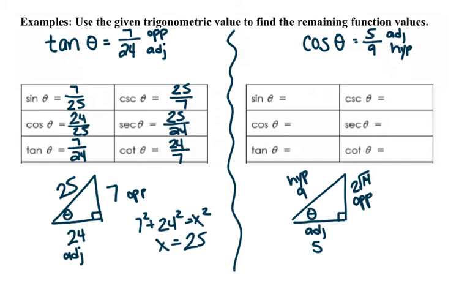Okay, so now when we fill out the chart, sine would be opposite over hypotenuse. Cosine would be adjacent over hypotenuse. And tangent would be opposite over adjacent.